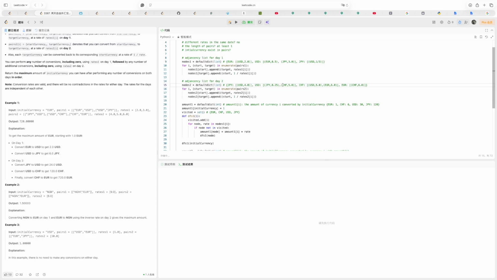For USD to CHF it's 5, so for CHF to USD it will be 0.2. Okay, so for CHF to euros it's 6, so euros to CHF will be 1 divided by 6.